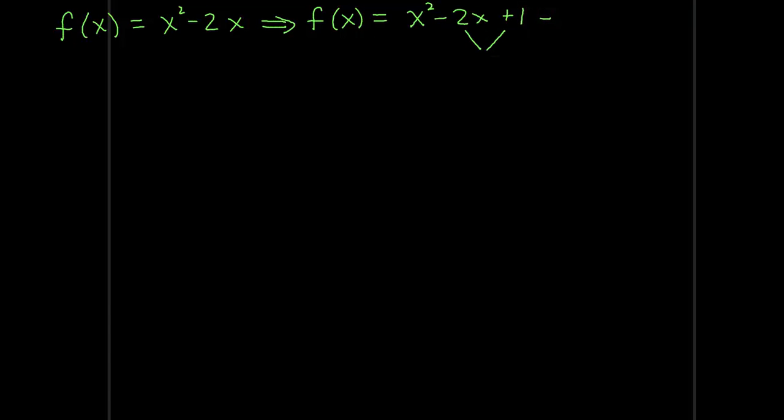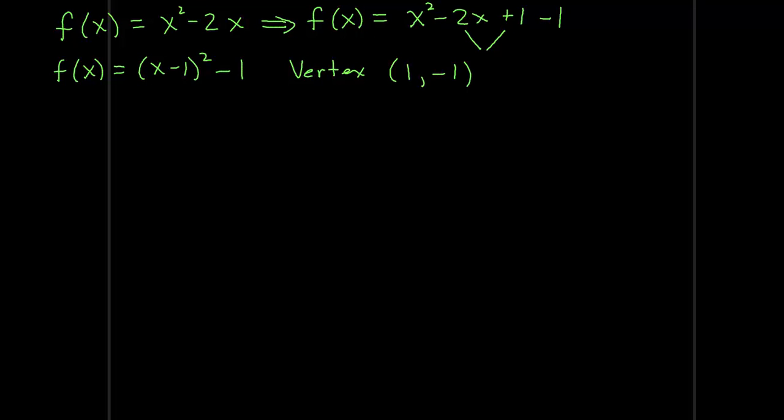But I can't just add a 1 without subtracting it off. I mess up the balance. So then what we have is f of x equals x minus 1 squared minus 1. And this tells us that the vertex is 1, negative 1.